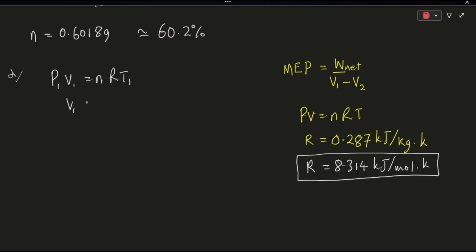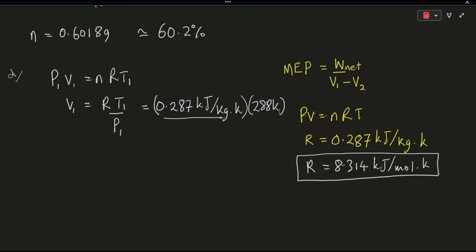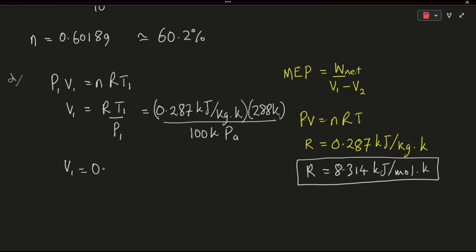So our volume is going to be given as, temperature at point 1 is 288 and pressure at point 1 is 100 kilopascal, and V1 is equal to 0.827 meter cubed per kilogram.